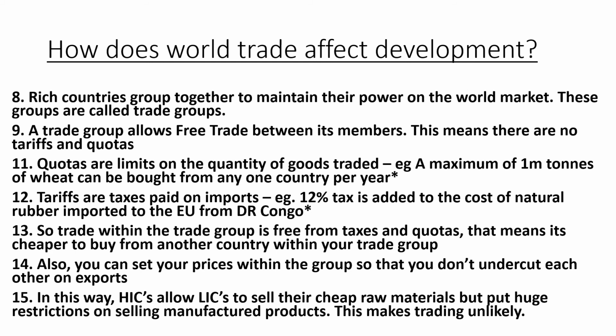So if we want to trade with a country outside of the trading group, we'd only be able to trade with them within that quota. So we'd only be able to get a maximum, say, of 1 million tonnes of wheat. Now, obviously, we want a lot more than that, so it restricts us on what we can buy from countries outside of the group. And it also restricts the countries outside of the group on what they can sell, what they can export. So it's not great having quotas for countries outside of the group.